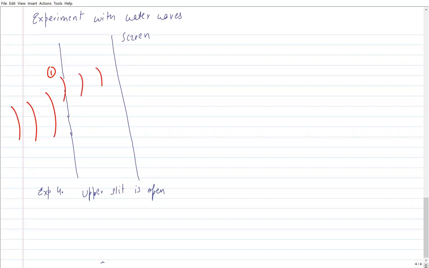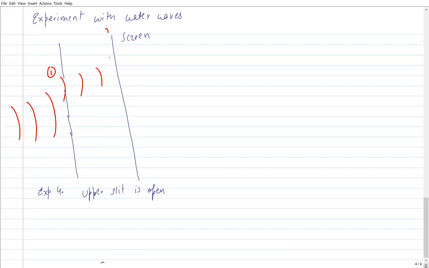They pass through the slit, and I get some sort of an, let's say I'm measuring the intensity of the waves hitting this screen, and how would I measure that?